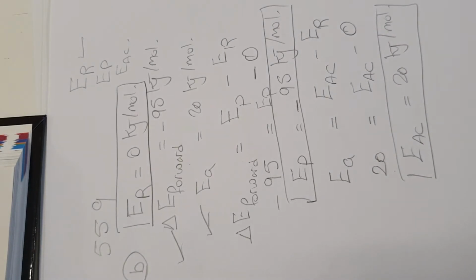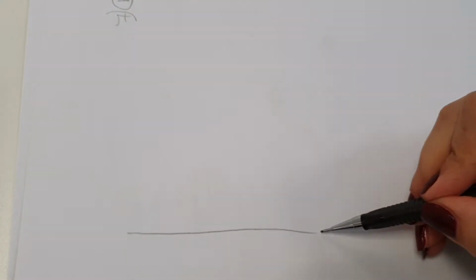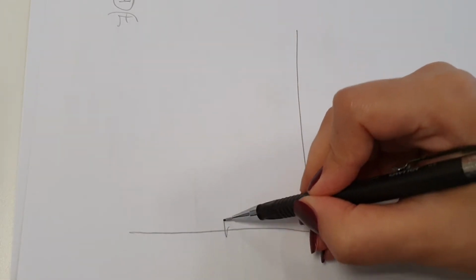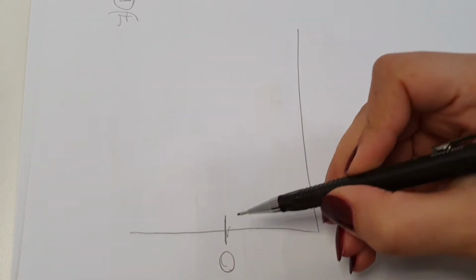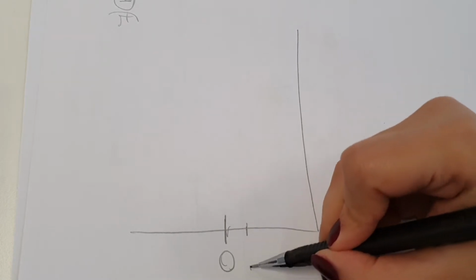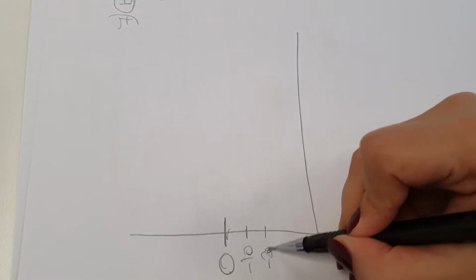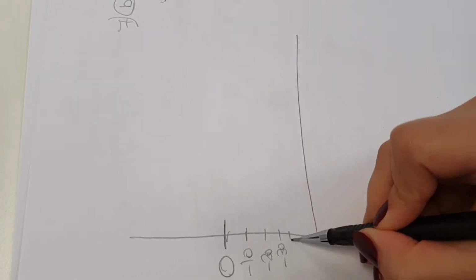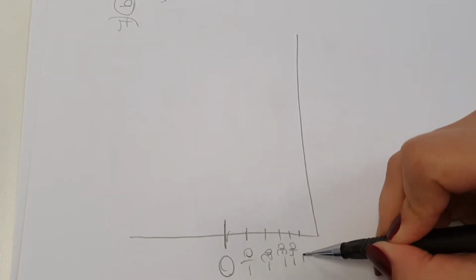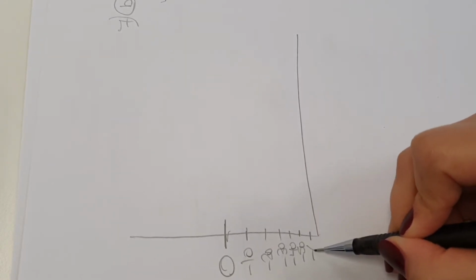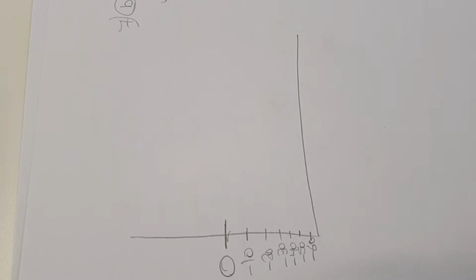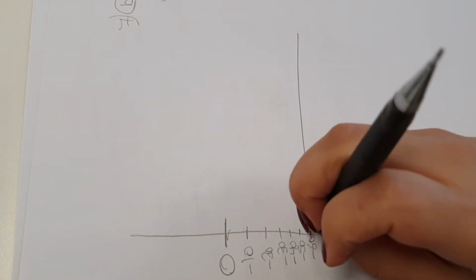Okay, clear now? As I have negative here, I'm aware that when I draw, I will put the 0 in the middle. Then negative 10, negative 20, negative 30, negative 40, negative 50, negative 60. I need to erase this.